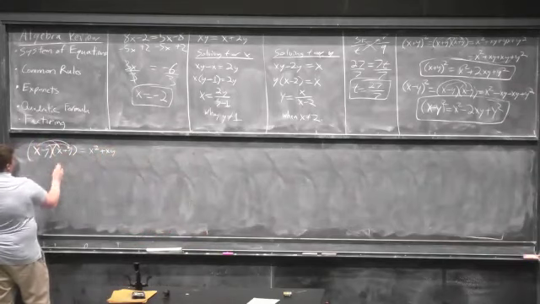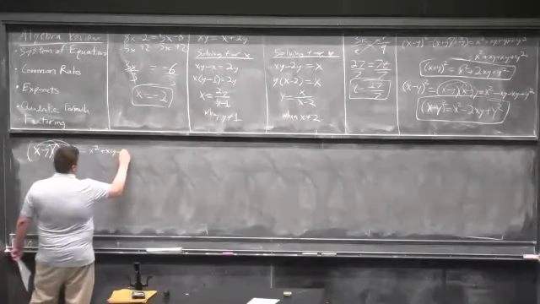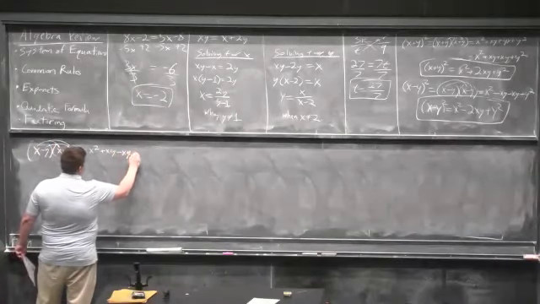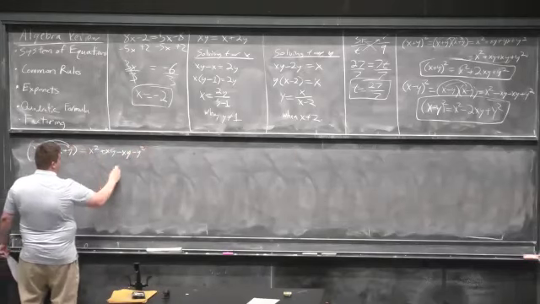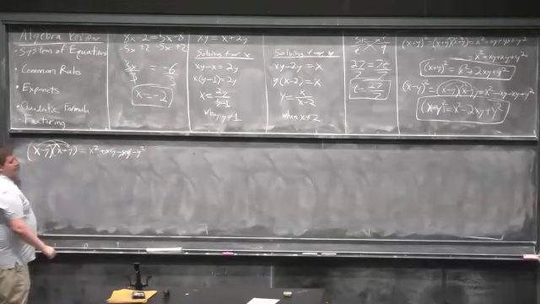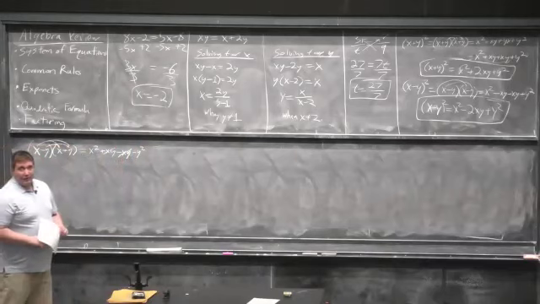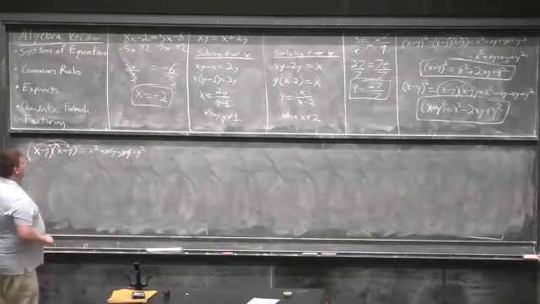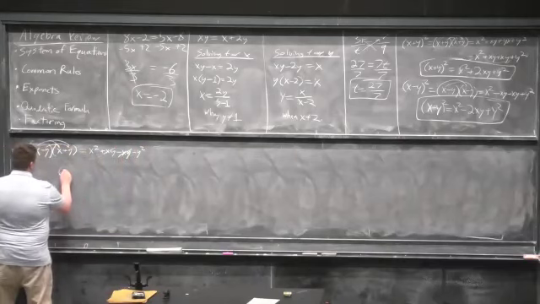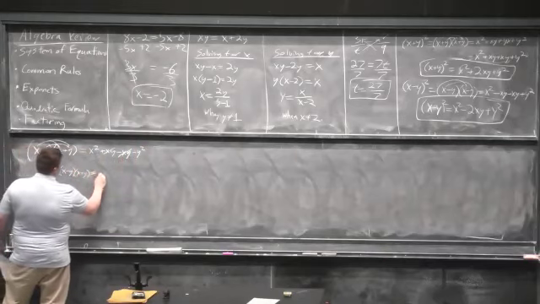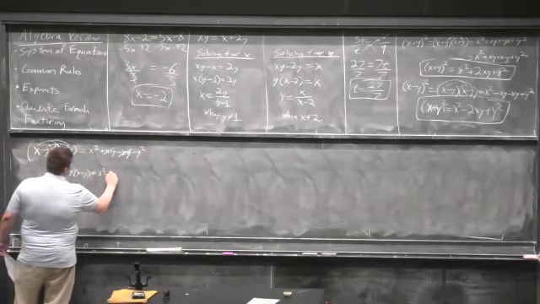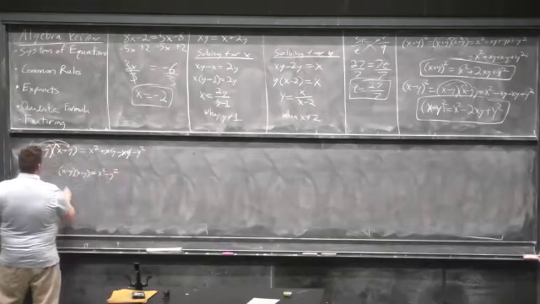When I distribute the negative y, I get negative xy minus y squared. Xy and negative xy, when I add them together, they cancel out. And so I'm left with x minus y times x plus y is equal to x squared minus y squared.